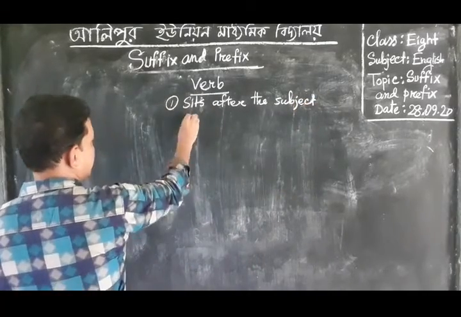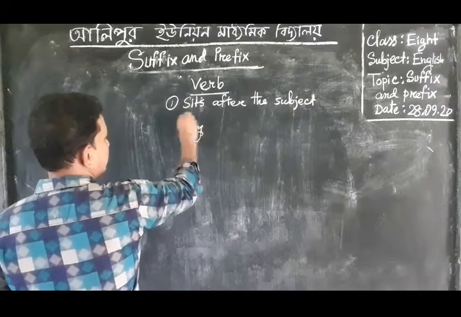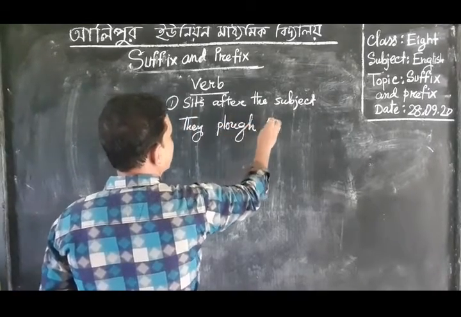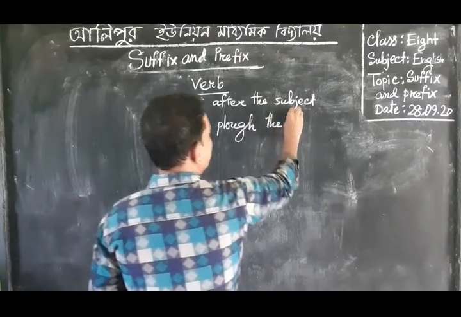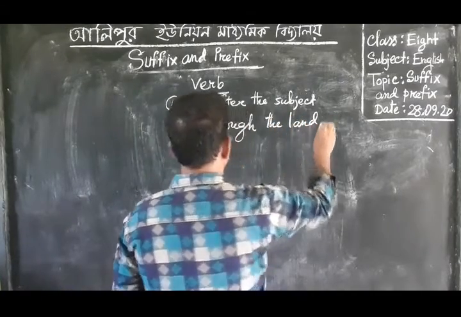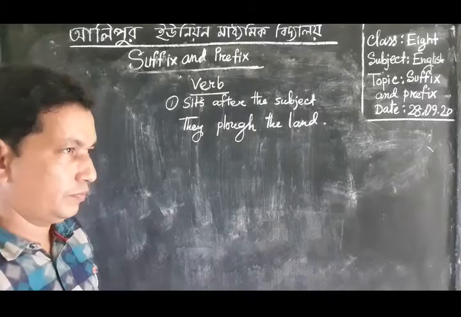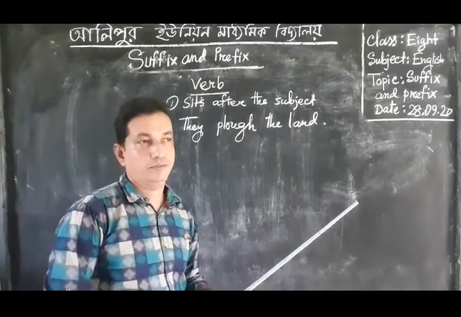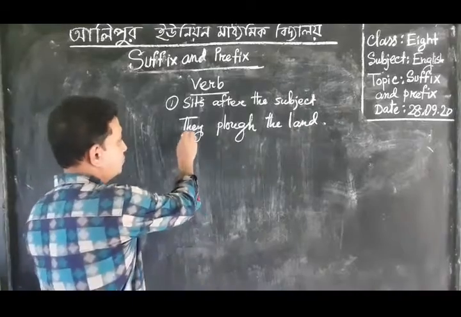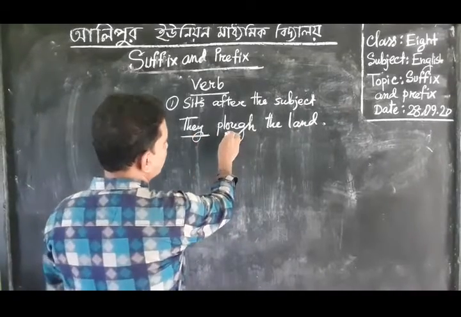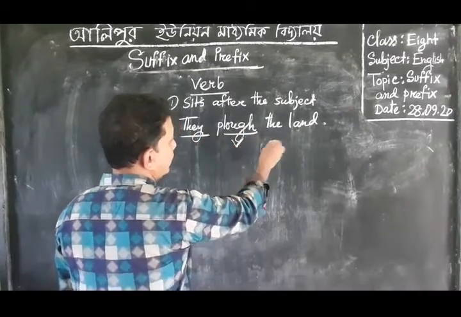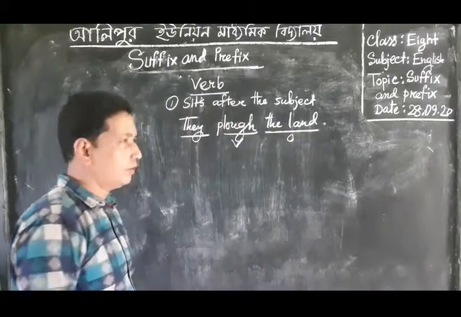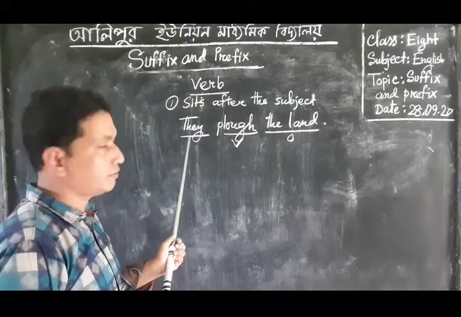Suppose, they plow the land. Dear learners, they plow the land. Here, they is the subject, plow is the verb, and the land is the object.